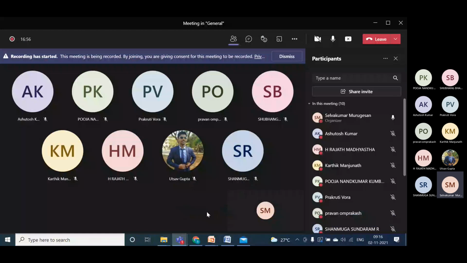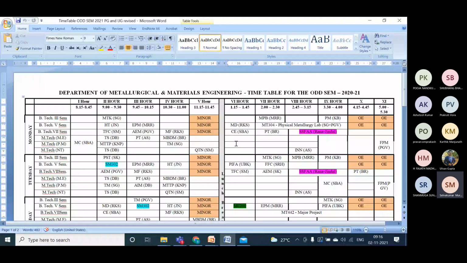We'll meet after Diwali. Thursday is Diwali. Friday also I'll not be taking, but Monday we'll see. You have a lot of free slots in the afternoon, right? What about 4 to 5?